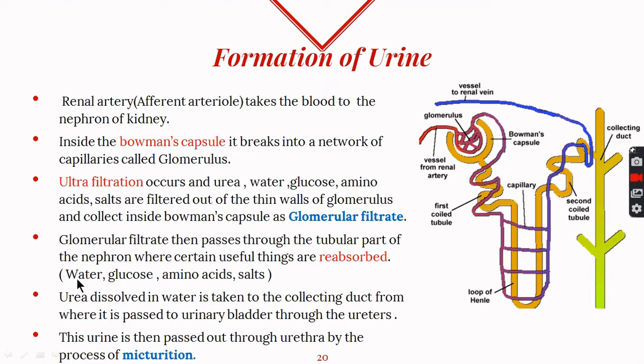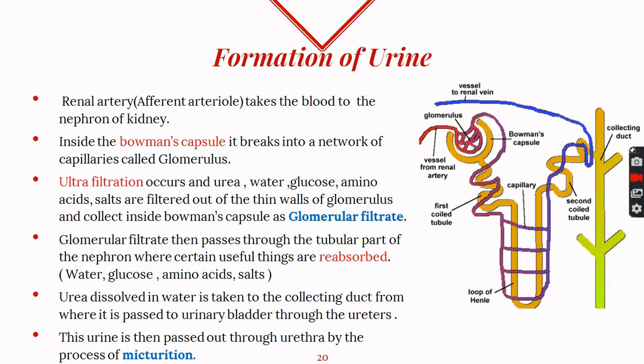And these things which are reabsorbed include water, glucose, amino acids, salts, etc. Urea, which is dissolved in water, is then taken up to the collecting duct. From the collecting duct, it is taken to the urinary bladder with the help of the ureters. From the urinary bladder, it is passed out of the body with the help of the urethra. And this process of passing out urine is called micturition.